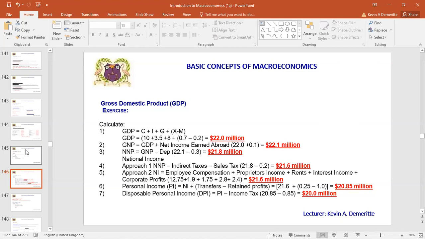So let's assume for a moment that you miscalculated GDP using the expenditure approach. In that case, I would grade that answer wrong. You get 0 points for it.